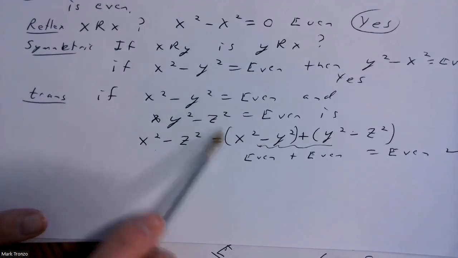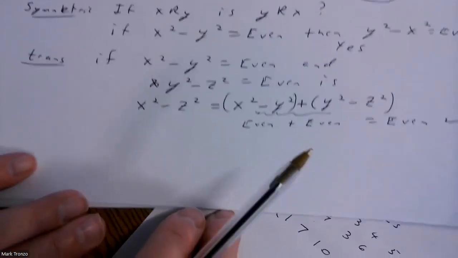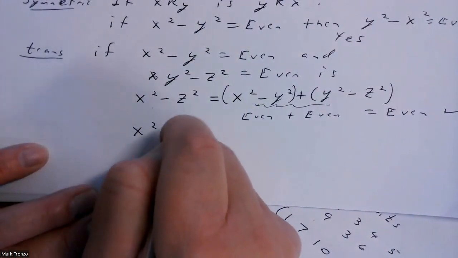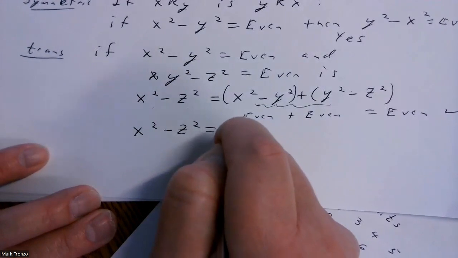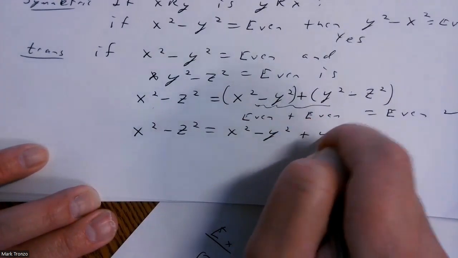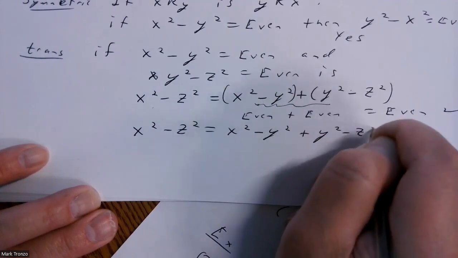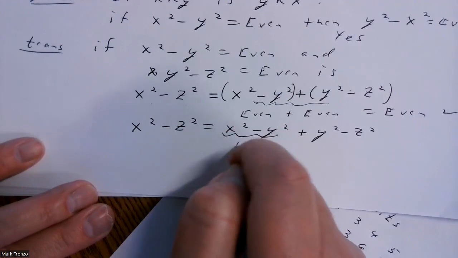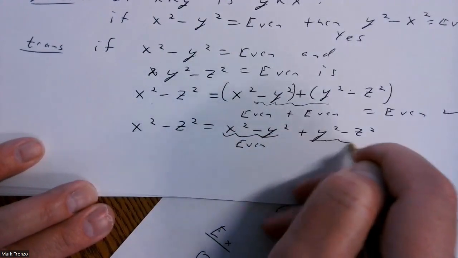More formally, I'm going to add and subtract Y squared in the middle, and then use what I have above. Again, there are several ways to say this.